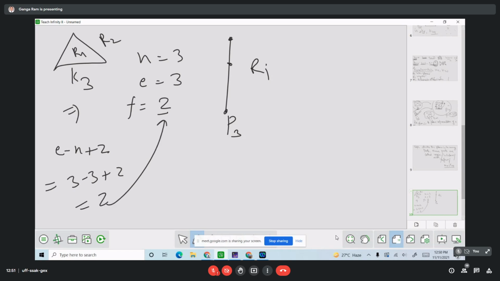Come to this graph: N equal to 3, E equal to 2, F equal to 1. Here F is equal to 1. E minus N plus 2 will be 2 minus 3 plus 2.